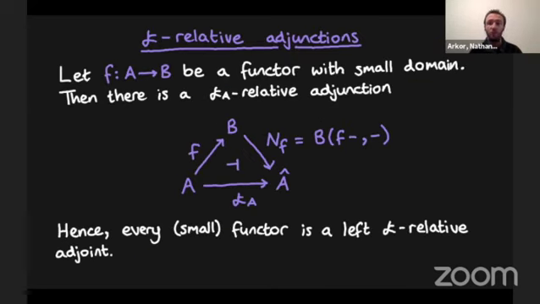So first, I'm going to talk about relative adjunctions that are relative to the Yoneda embedding. Consider some functor F from A to B, and we're going to say that the domain is small to simplify things.